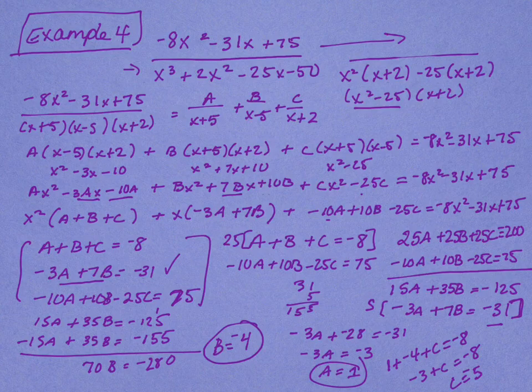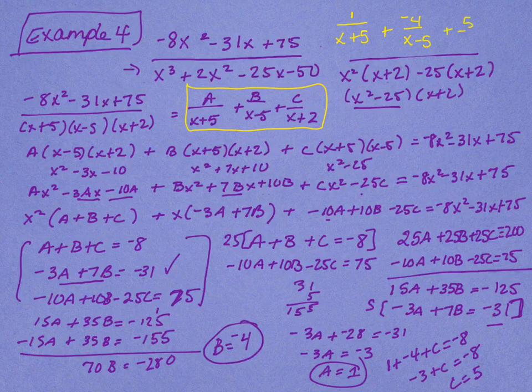So I'm going to go way up here at the top so you can see what the answer is. Remember this right here. And I just put the A's and stuff over it. So A is 1 over x plus 5, plus B was negative 4 over x minus 5, plus C, which is negative 5 over x plus 2.